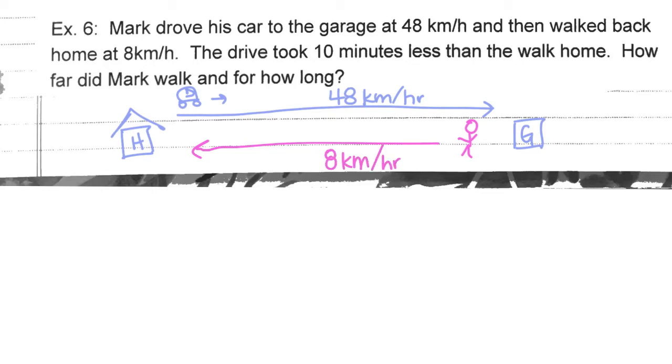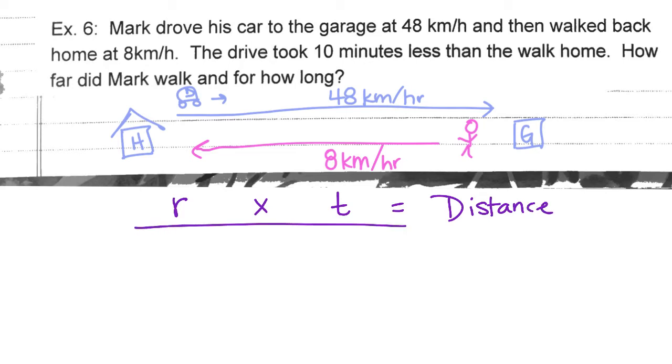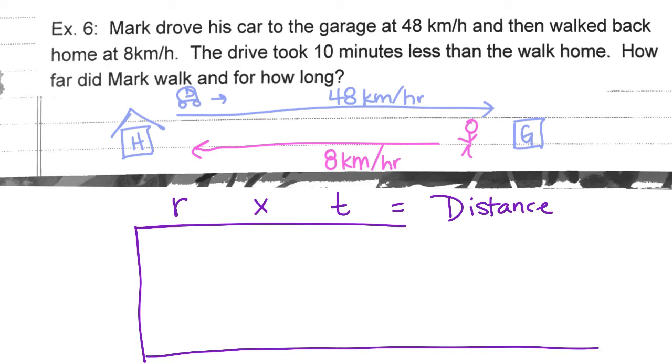The drive took 10 minutes less than the walk home. Well, if the drive took 10 minutes less, I know that I could set up rate times time is equal to the distance. And we're always going to use charts because they're super handy.